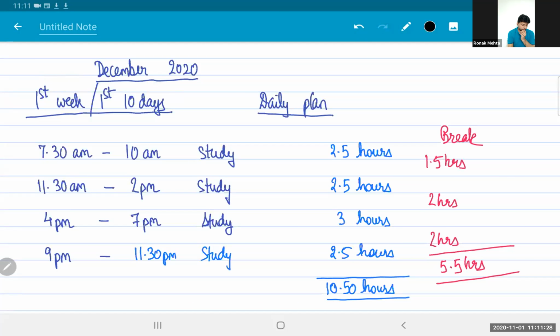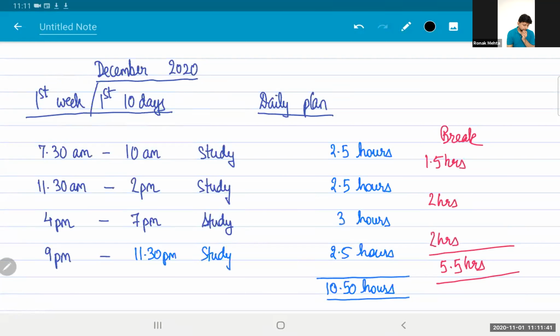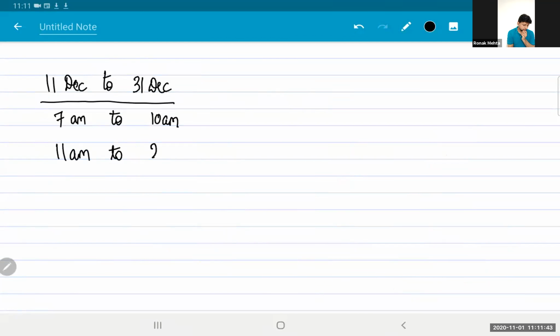So you can probably start at 7 and go on up to 10. Instead of resuming at 11:30, you can resume at 11 and 11 o'clock to 2 o'clock. So this gave you 3 hours. This gave you 3 hours.